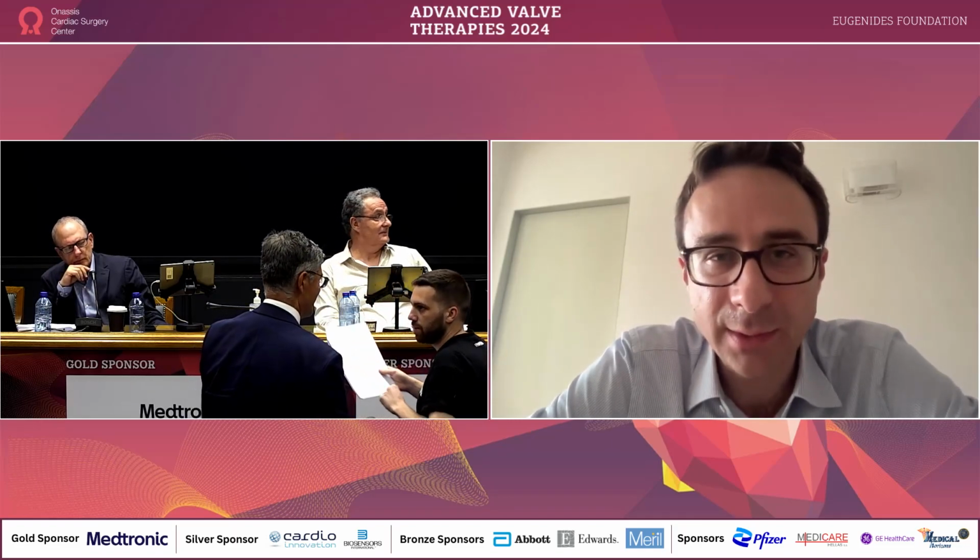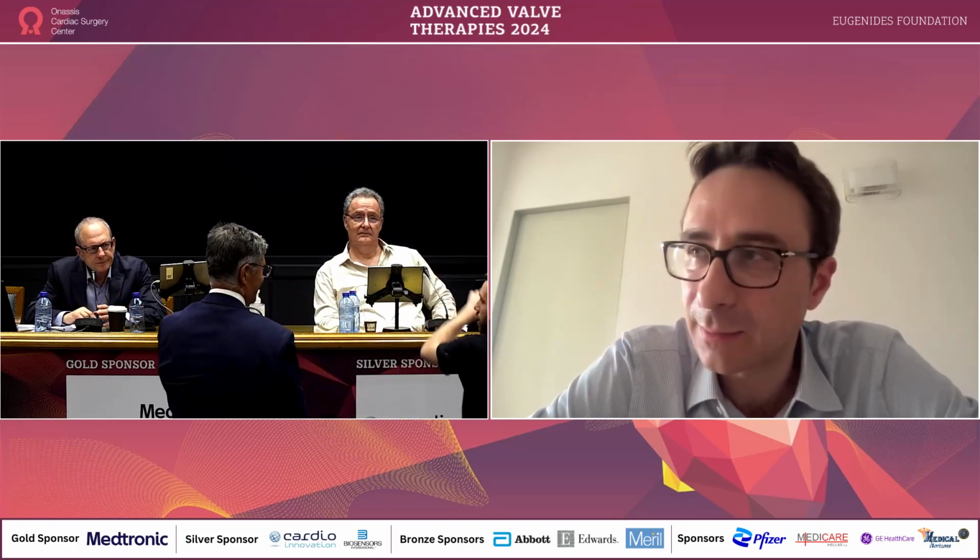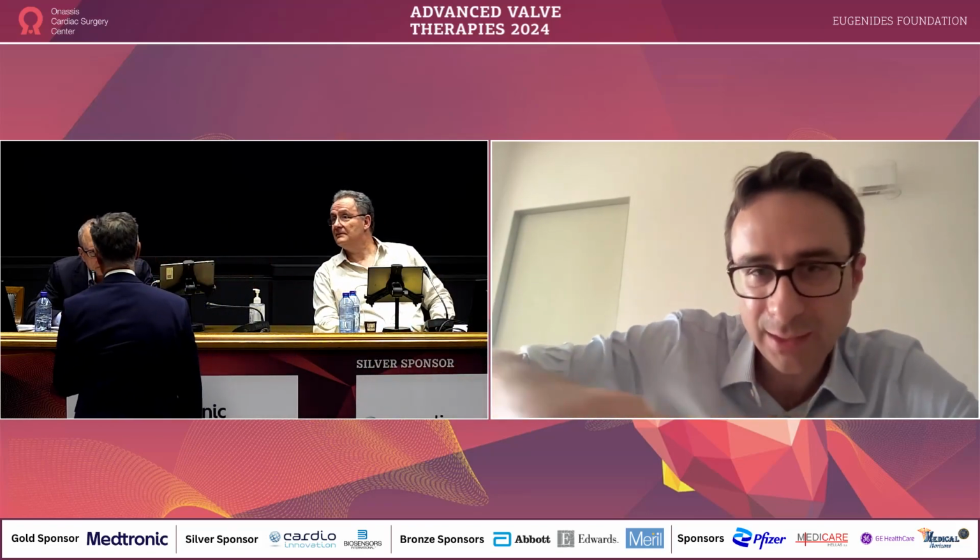I had to accept this not optimal result because the jet was just against the LAAO, behind the disc of the device. So I had to accept. Sometimes we need to accept the not optimal result.